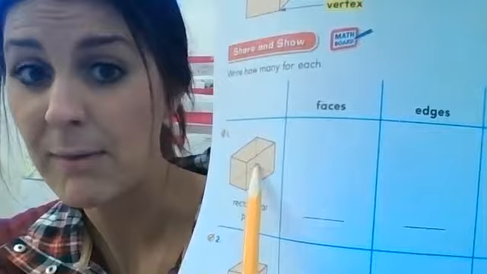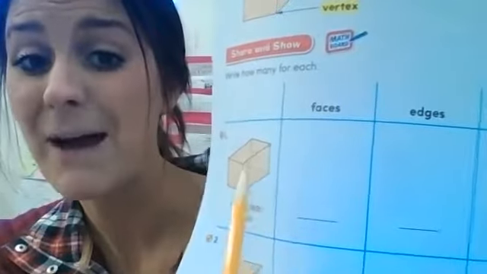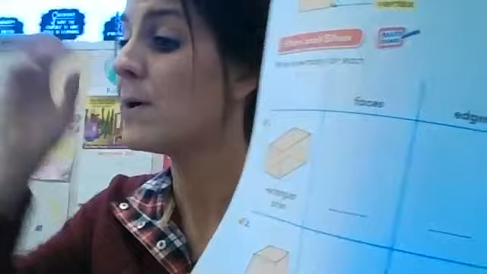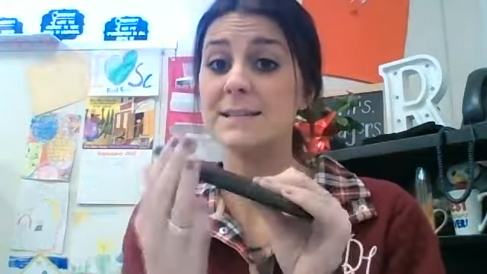That's not what we're talking about with three-dimensional shapes. We're talking about the actual sides of an object. So if you look at my phone, it has 1 side, 2 sides, 3 sides, 4 sides, 5 sides, and 6 sides.